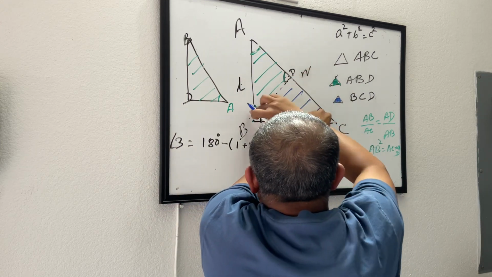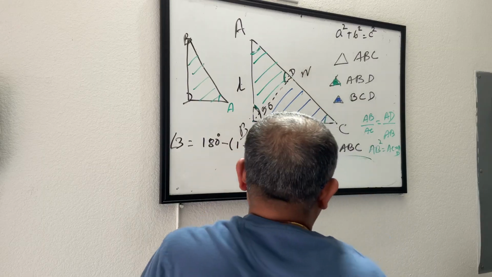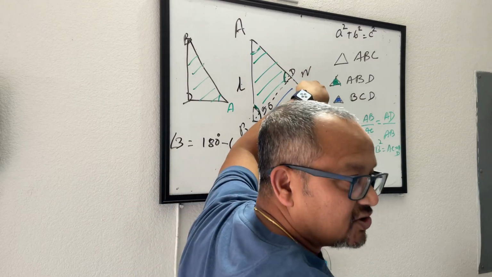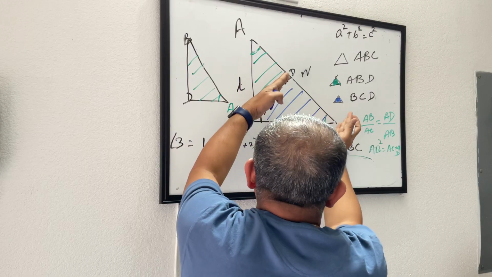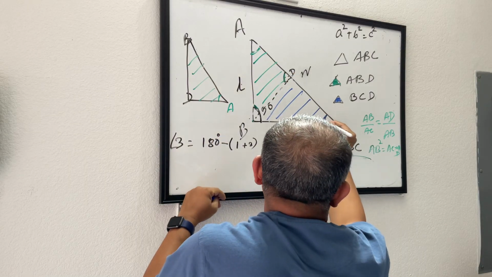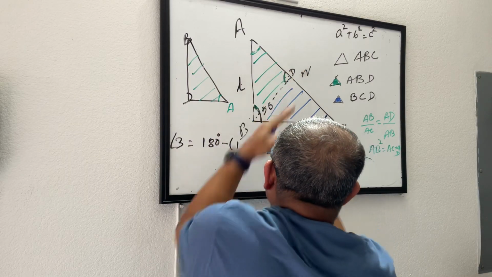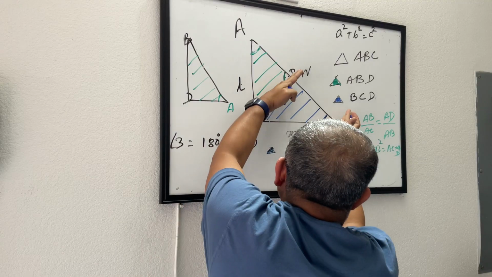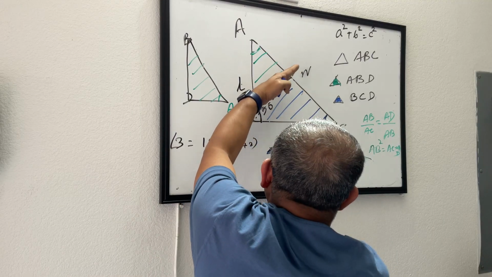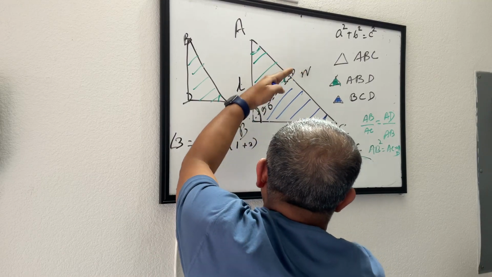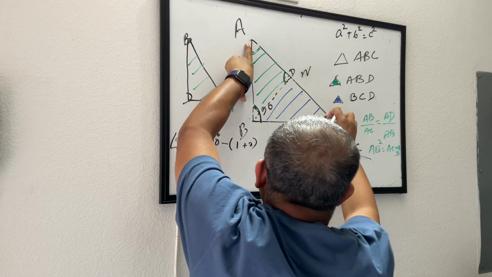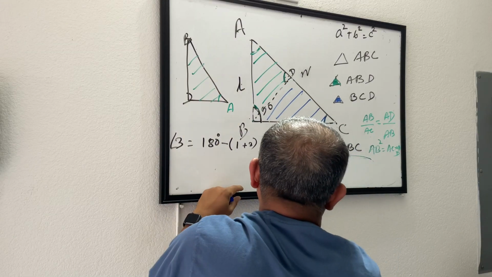Other angle is 90 degree matching with the other one. So third angle will match. Now I'm doing the ratio from that also. So BCD, this is a small one. So this angle is common. So it will be BD, side opposite to that angle, BD in the small triangle, divided by side opposite to this in the larger triangle will be AB.